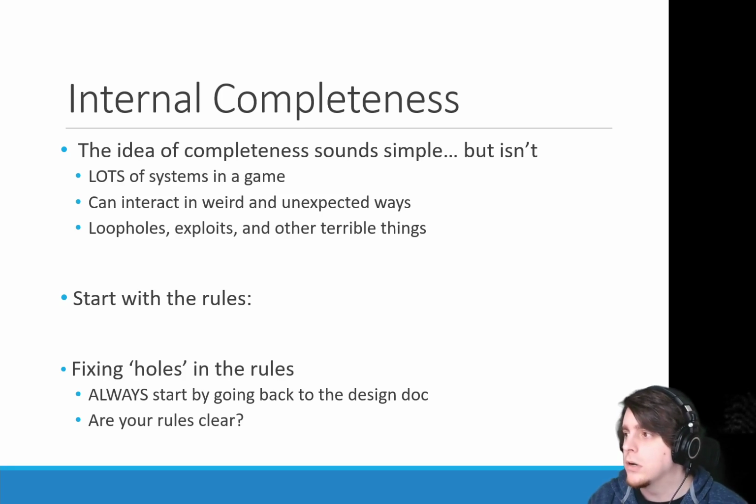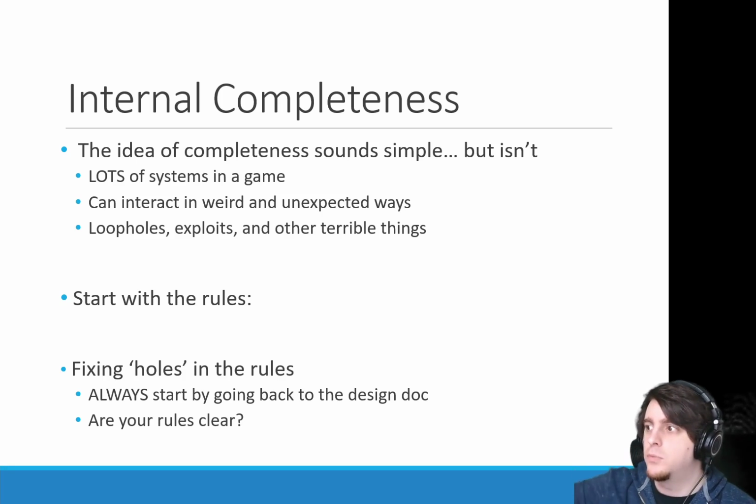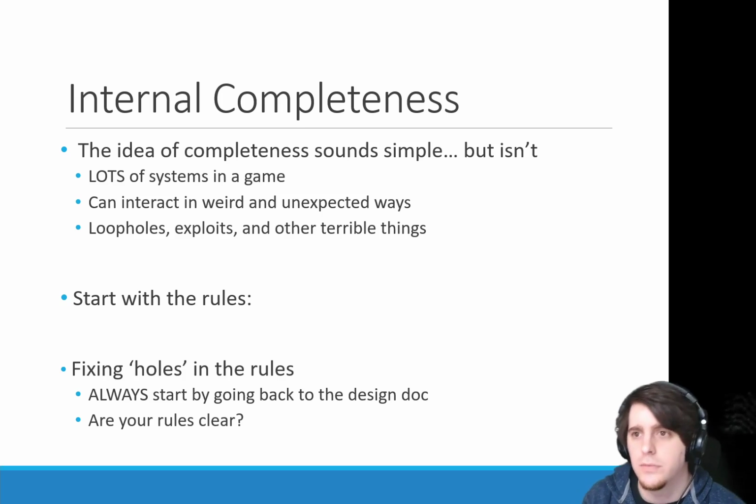They're things that have emerged that are causing problems, and you might then need to identify which system or which piece of which system is causing that issue. You can also run into loopholes or exploits, places where players can break the sequence of your game where you haven't intended for that to happen, and you can go back and fix those.